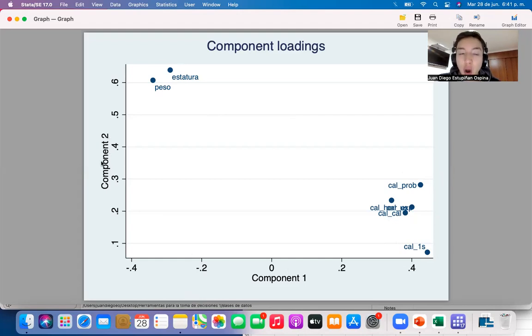But in the case of component 2, even if all the loading plots are positive, those that are higher than the rest of the variables are height and weight. So as I told you, the first component represents variables related with grades, and the second component, we could say, the health of the respondent, with the height and weight.